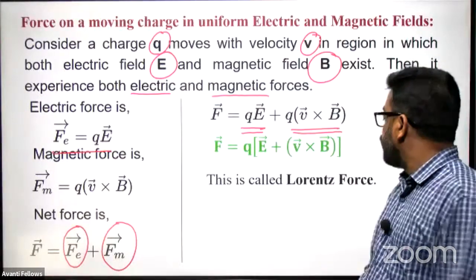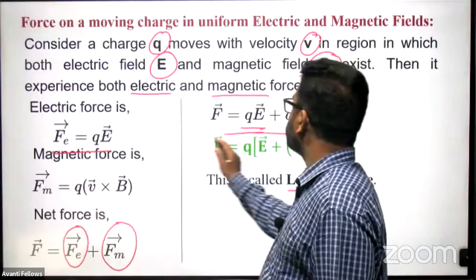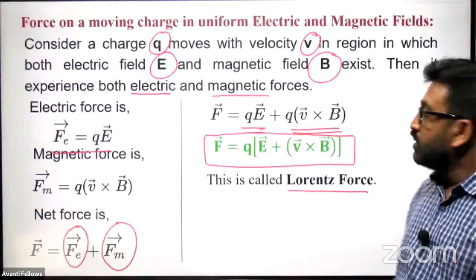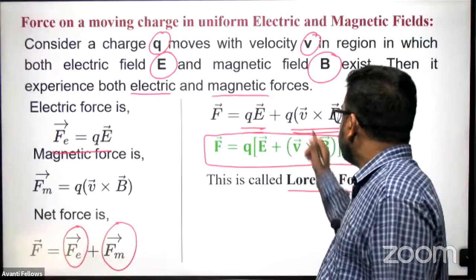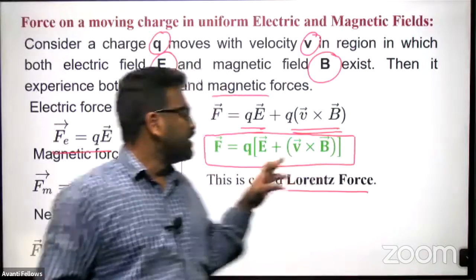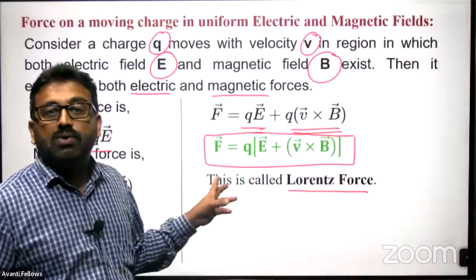This is called the total Lorentz force: QE plus Q into V cross B, or Q as a common factor multiplied by E plus V cross B.